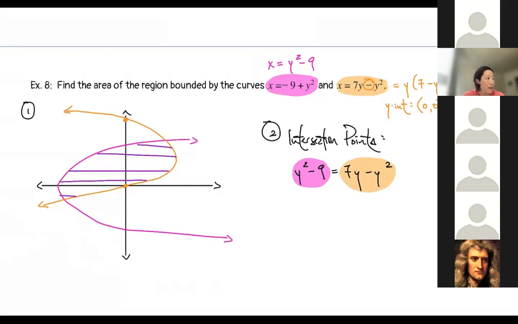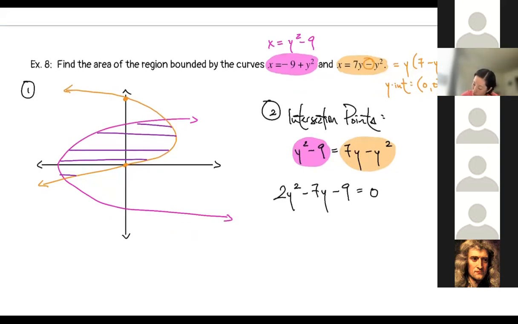And so we will end up with 2y squared minus 7y minus 9 equals 0. All right. Factoring, everyone's favorite, everyone's best friend. I know it has to boil down to this.